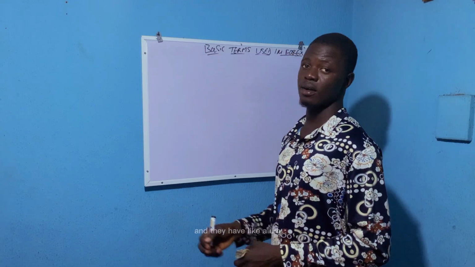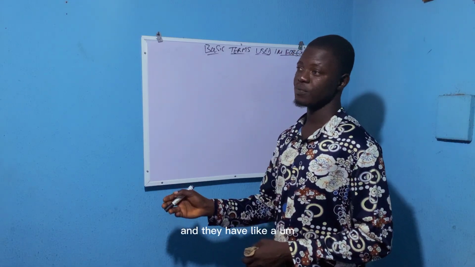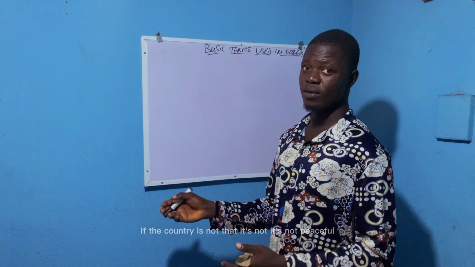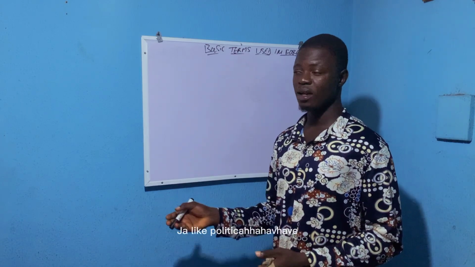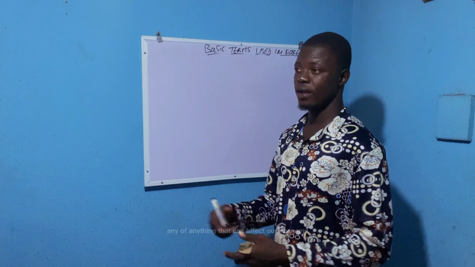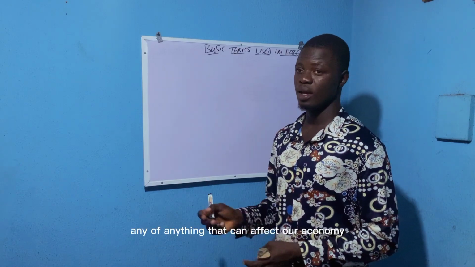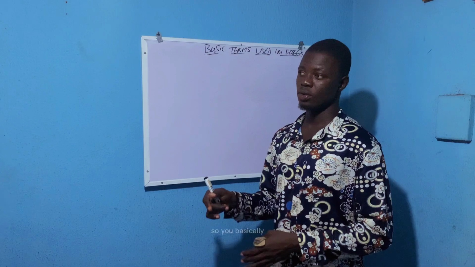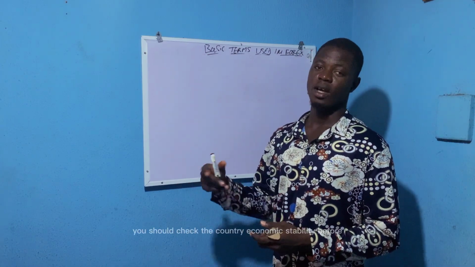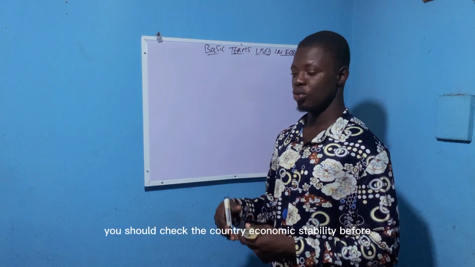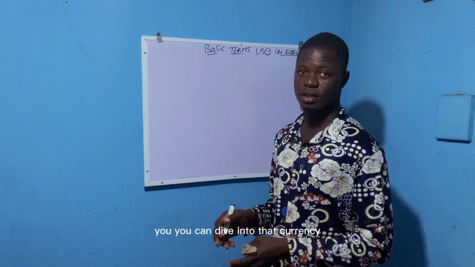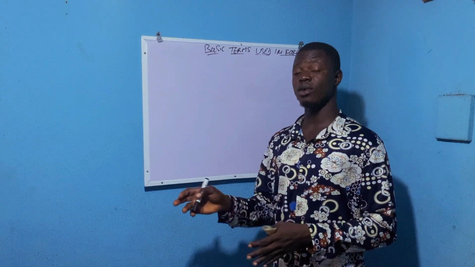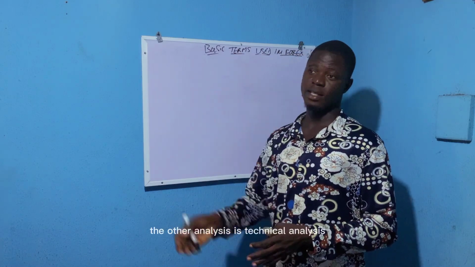If they have a natural disaster, or if the country is not peaceful, they have political war, anything that can affect their economy can also affect that country's particular currency. So you should check the country's economic stability before you can trade that particular currency.